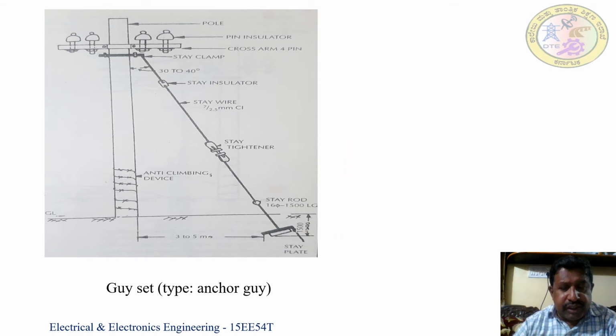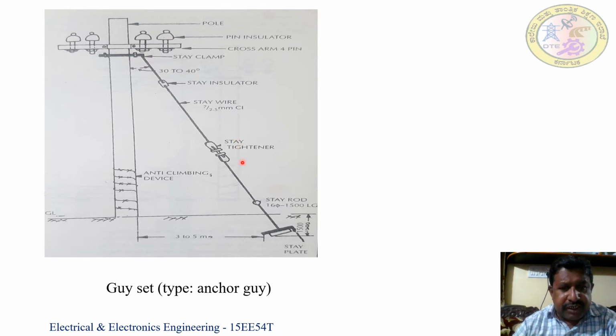Here you can see the guy set. It is one type of guy set that is called anchor guy. Let us see what are all the materials it consists of. First one will be stay clamp through which it is going to be fixed to the pole. Then the stay wire, which consists of 7 strands of 2.5 mm wire.